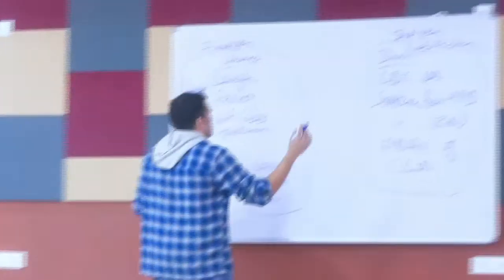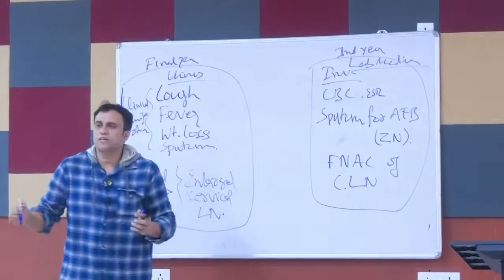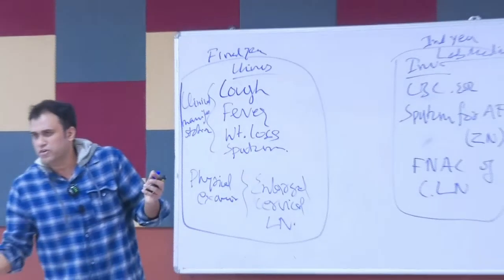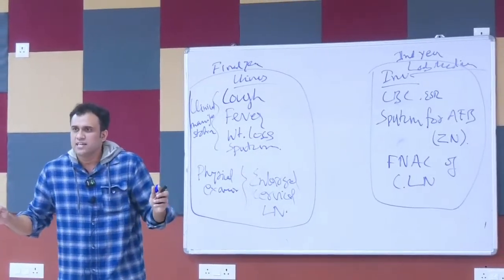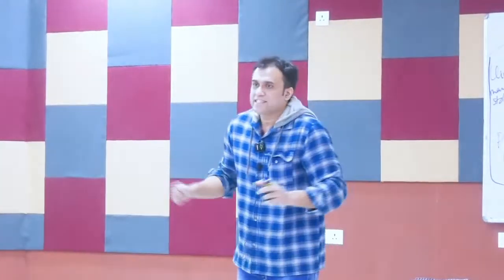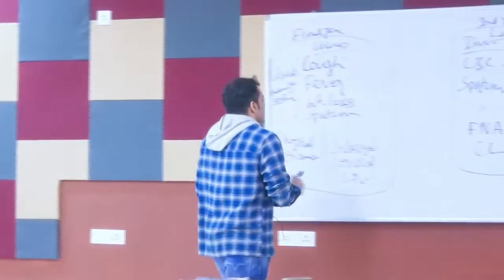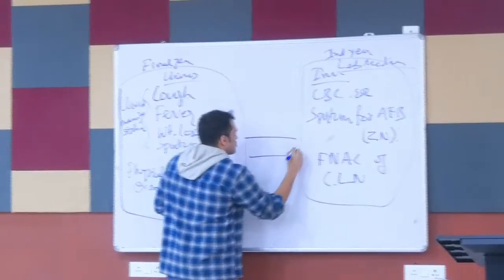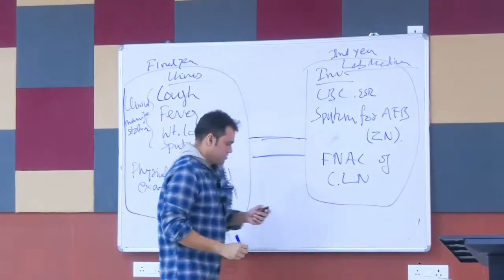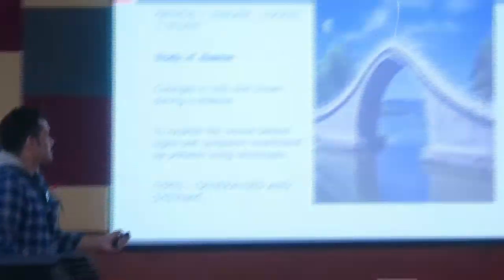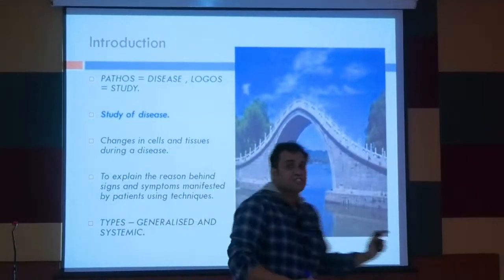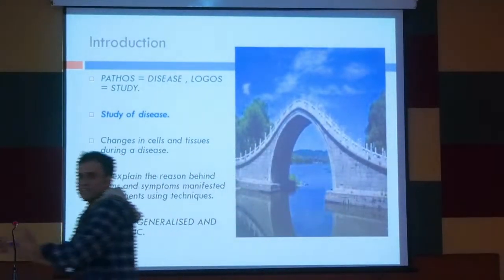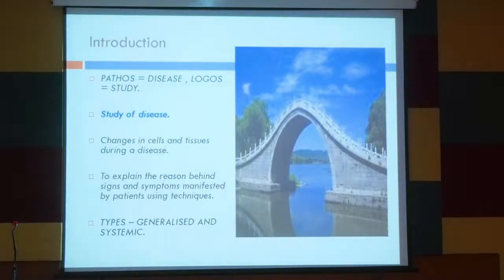So basically, not only pathology, but also microbiology and biochemistry, all the subjects that come under the rubric of lab medicine, they form a bridge between the signs and symptoms manifested by the patient and the lab investigations.